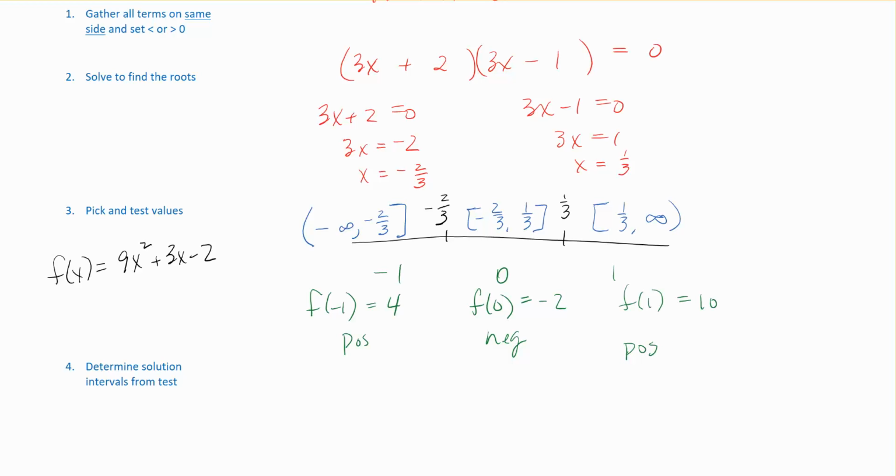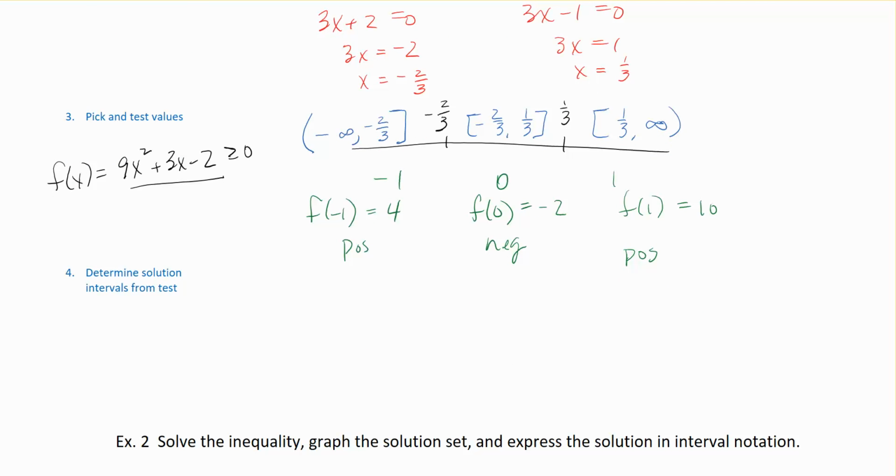Now, when this whole thing started, I was looking for where my function is greater than or equal to 0. So I'm looking for where my function is above the x-axis, or positive. You can see that on this interval right here I'm positive, and on this interval over here I'm positive. So my solution would be from -infinity to -2/3 union 1/3 to infinity.